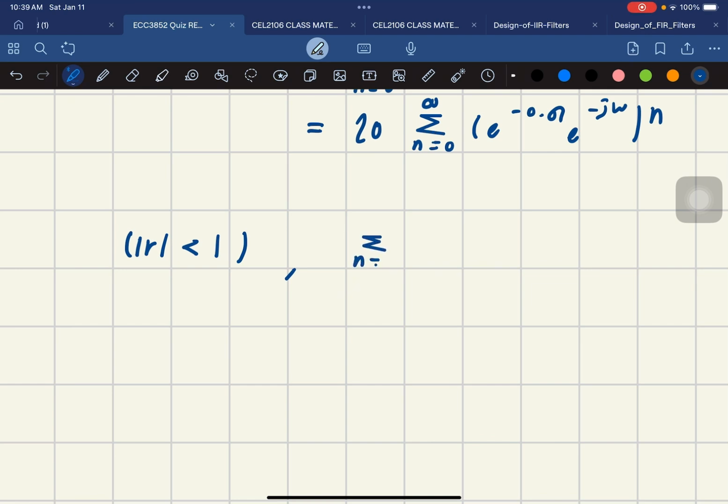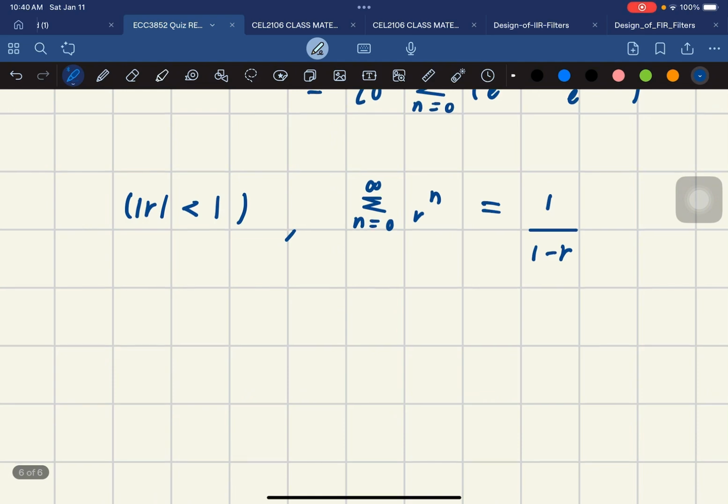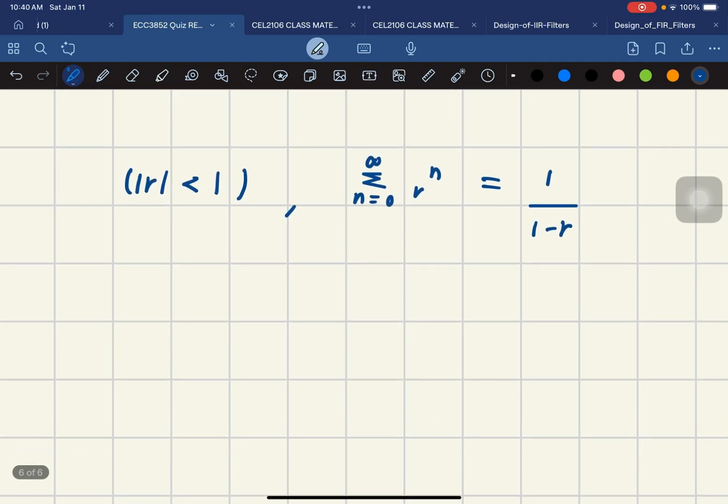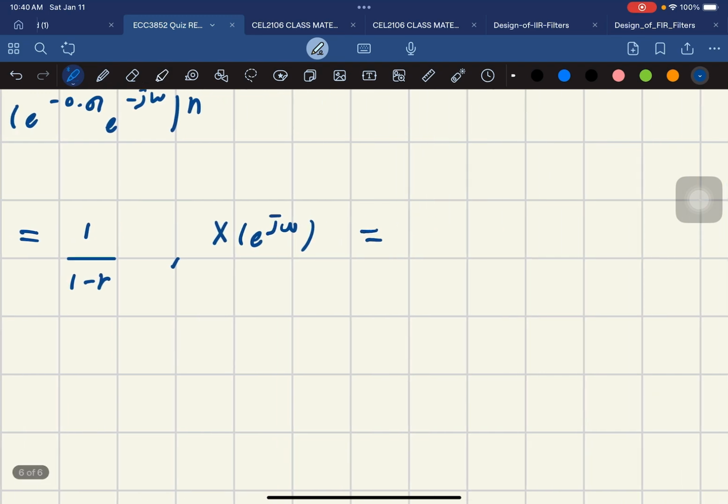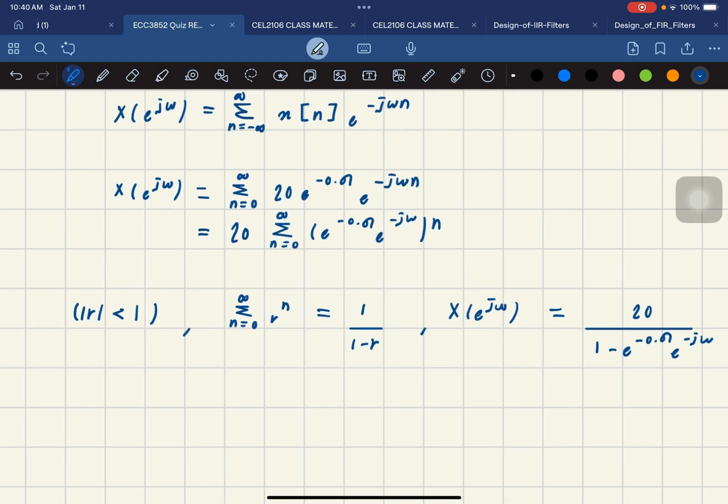So the formula is the sum from n equal to 0 to infinity of r^n equal to 1 over 1 minus r.